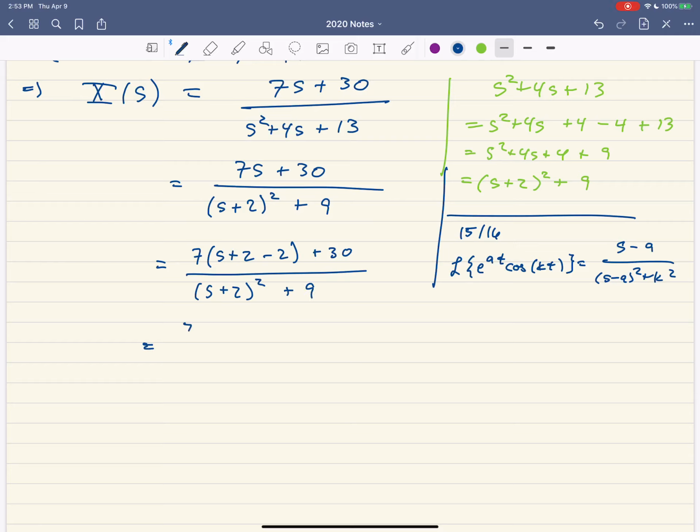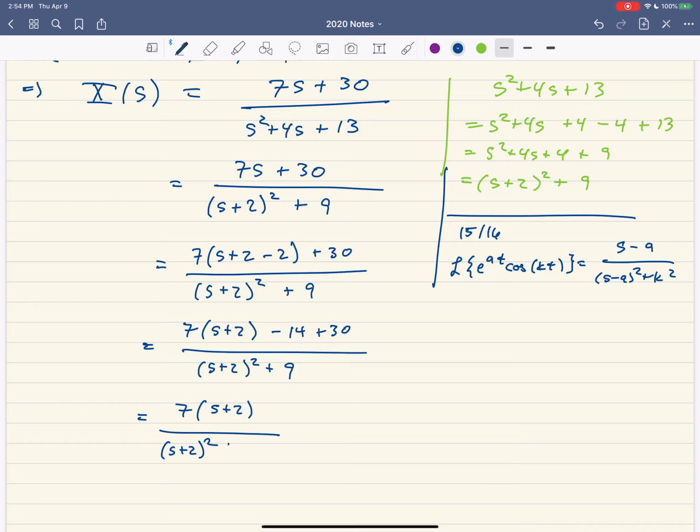So this is going to be 7 times the quantity s plus 2, minus 14 (2 times 7 is 14), plus 30, all over s plus 2 squared plus 9. So this is 7 times s plus 2 over s plus 2 squared plus 9, plus 16 over s plus 2 squared plus 9.